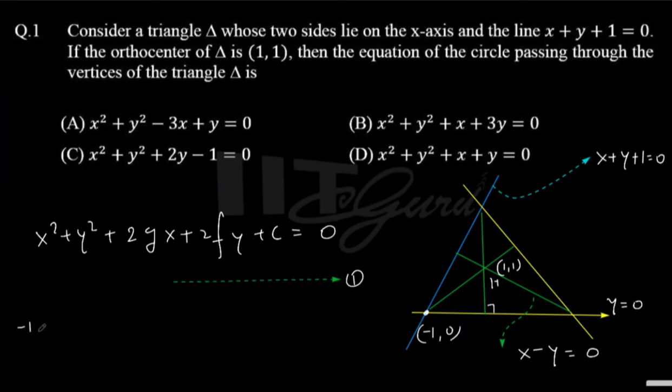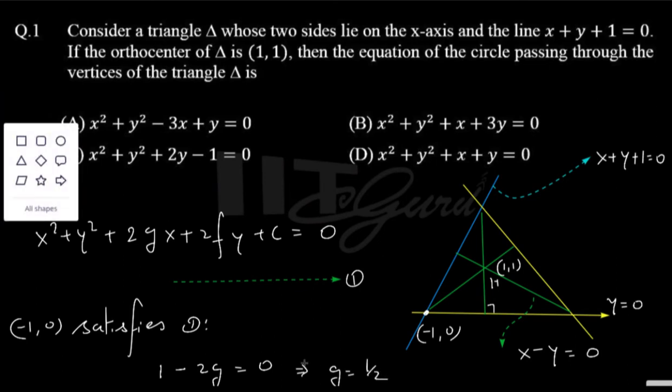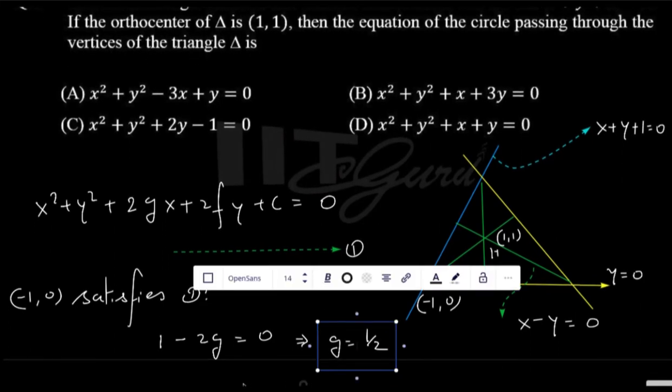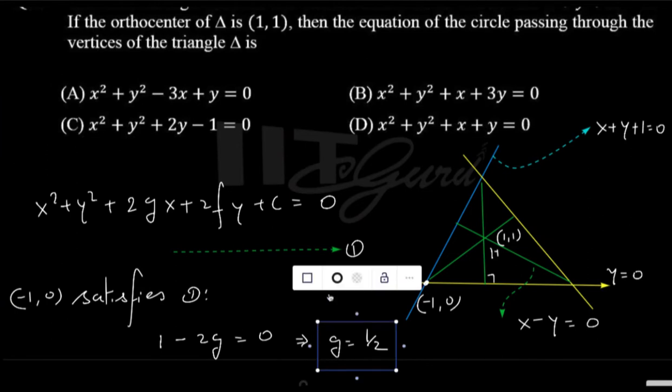The point (minus 1, 0) satisfies equation number 1, and what we get here is 1 minus 2g equal to 0, and this implies that g equal to 1 by 2. Now you have to find f and c also, no?